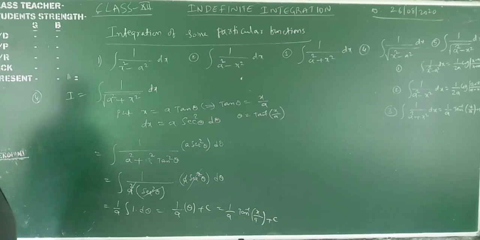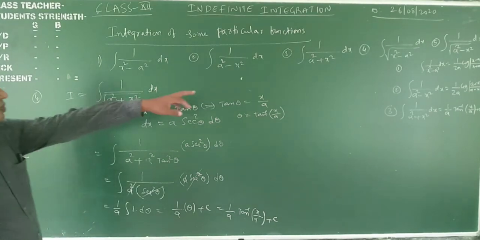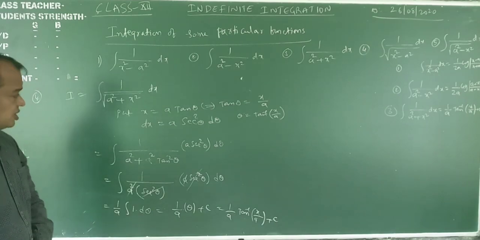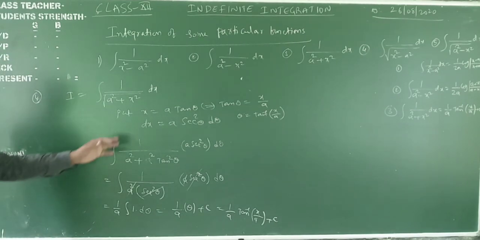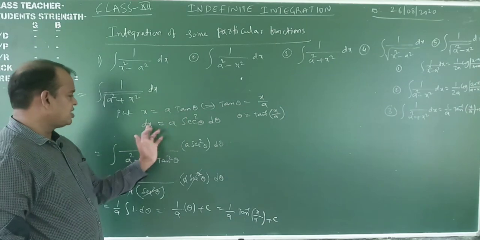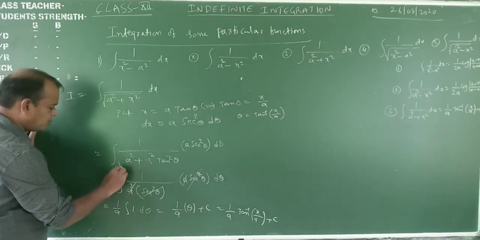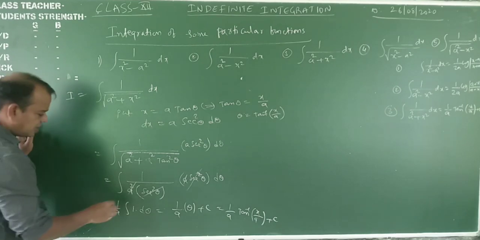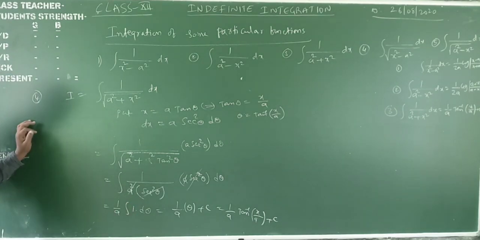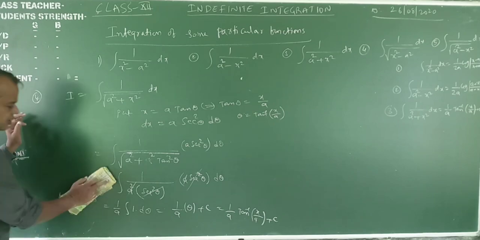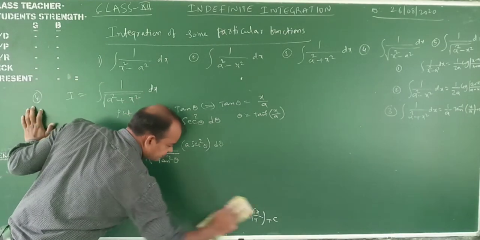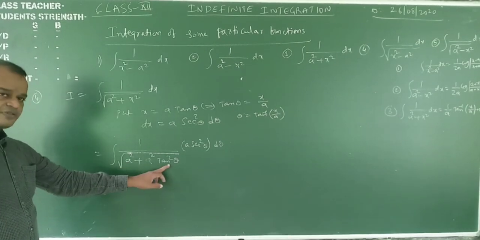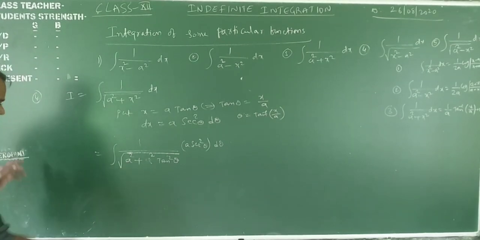No problem. Before, the problem was 1 by a square plus x square. Now 1 by root of a square plus x square, my dear students. Observe that, the same process is going on. x is equal to a tan theta, dx is equal to this one. Now you have to substitute inside the root. We take common a square, a square into 1 plus tan square theta, which means secant square theta.